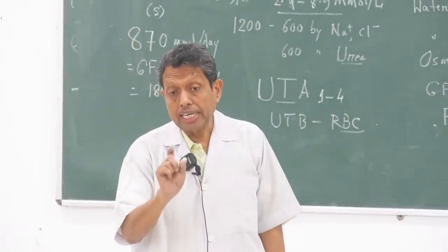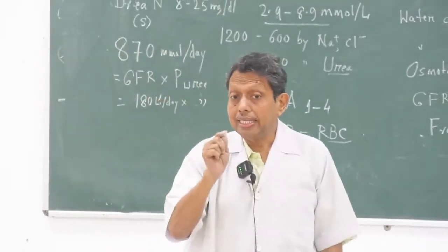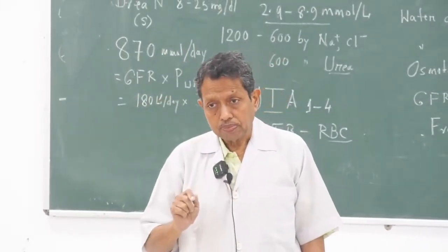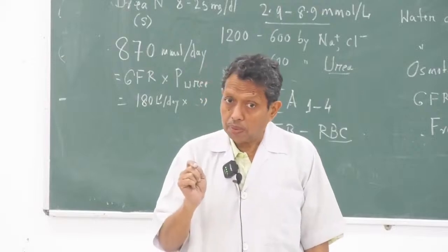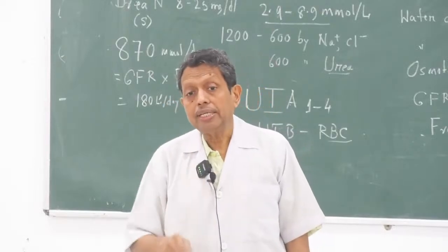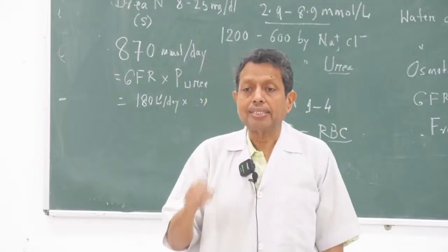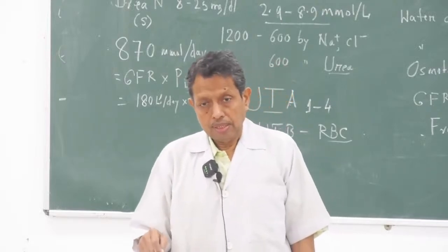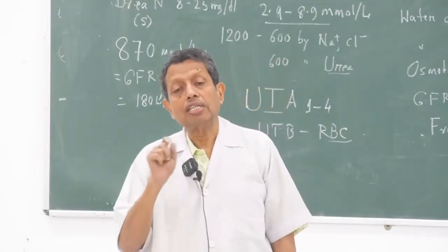And it is reabsorbed passively, and it is secreted to some extent in the thin descending limb of loop of Henle and thin ascending limb of loop of Henle, but in the other part of the nephron, except the terminal part of the collecting duct, it is not reabsorbed.